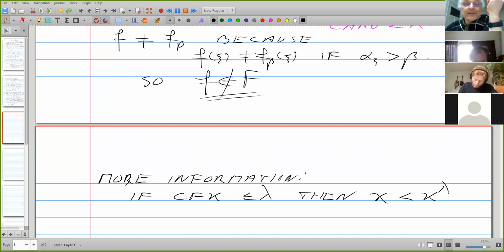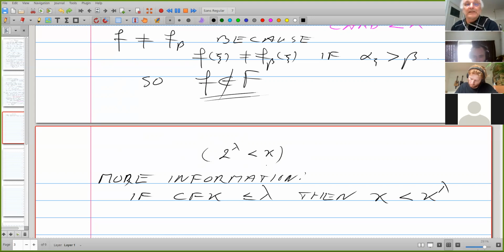We get more information. If the cofinality of kappa is less than lambda, then kappa is less than kappa to the lambda. And so we're still, of course, in the situation that 2 to the kappa is less than 2 to the lambda is less than kappa. For now, we're only interested in that situation.